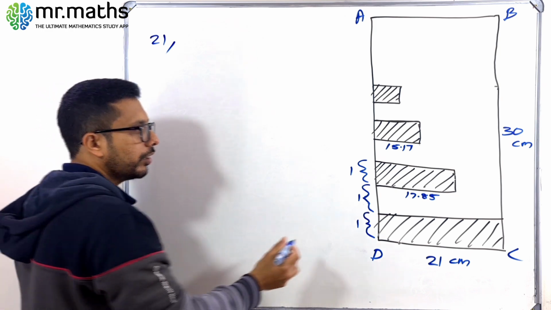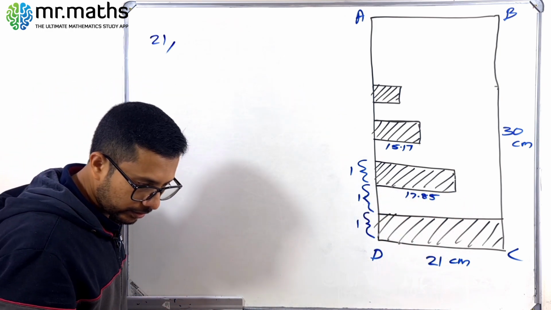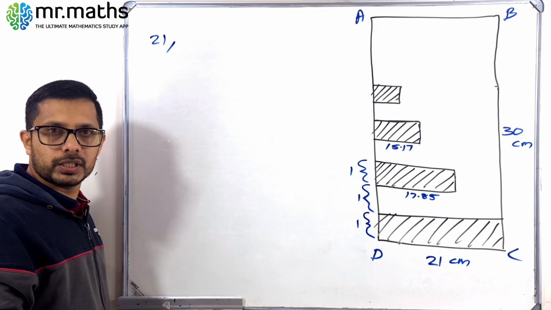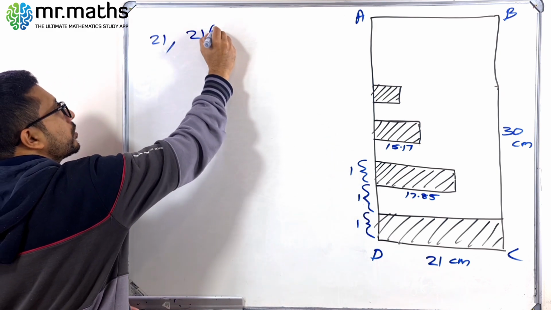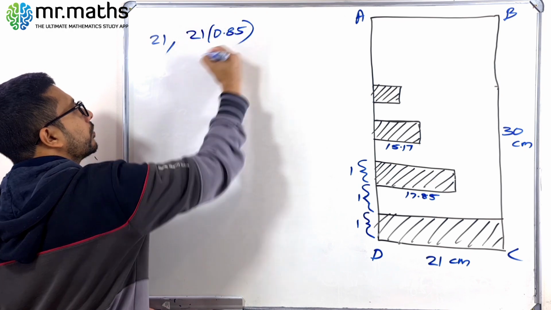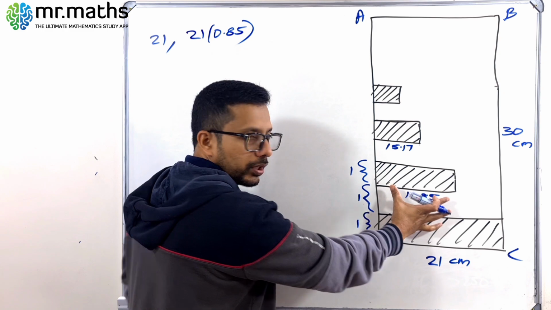So how can I find the length of the second one? That's 85% of the first one, is it not? That means 21 times 0.85 is the length of the second shaded one.